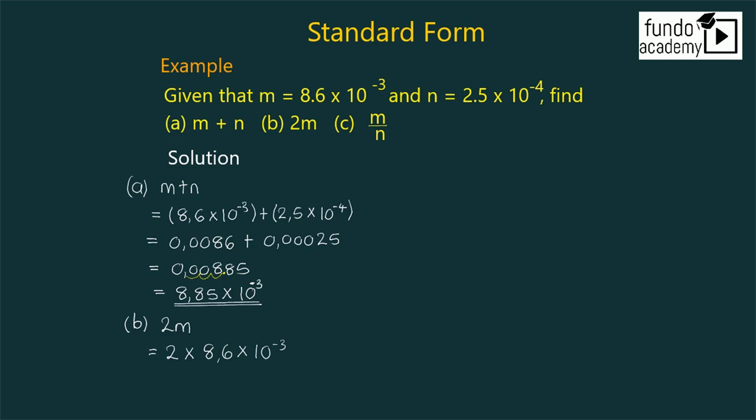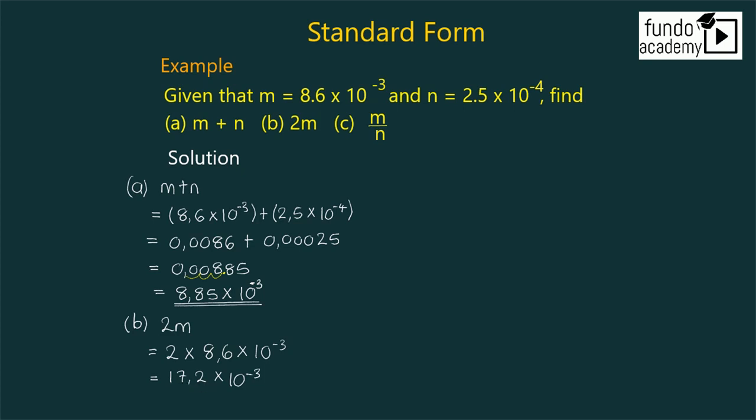Then we'll be having 2 times 8.6 will give us 17.2, and it's 17.2 multiplied by 10 to the power of -3. Alright, so when we have that, then you see here that 17.2 is not a number between 1 and 10.